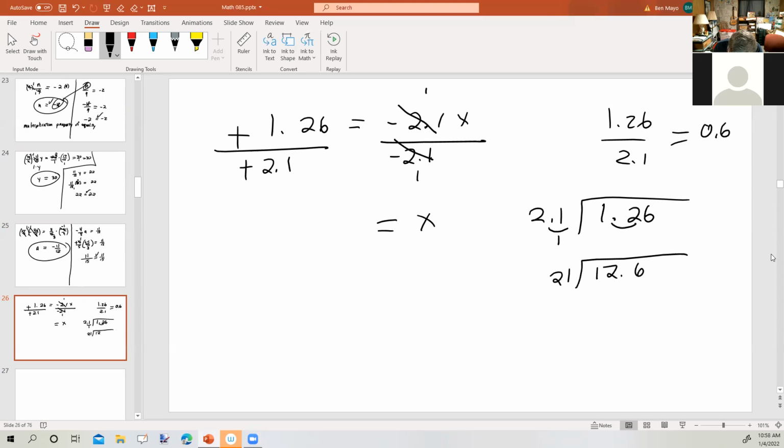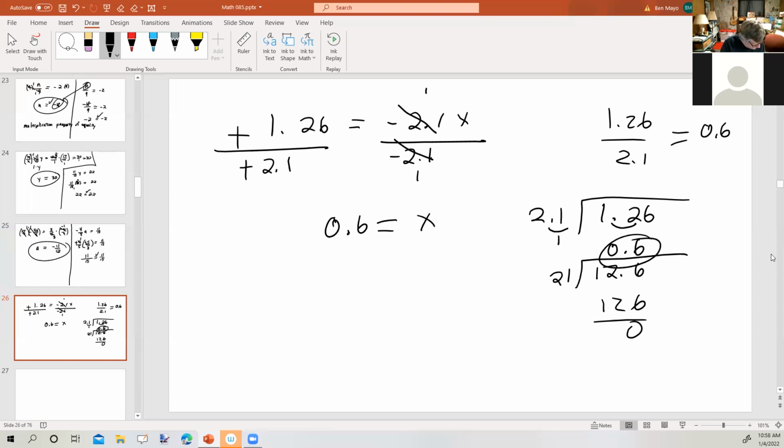So then you would get that. You move that decimal point straight up to the answer. 21 does not go into 12. 21 goes into 126 6 times exactly. So our answer is 0.6. Okay.